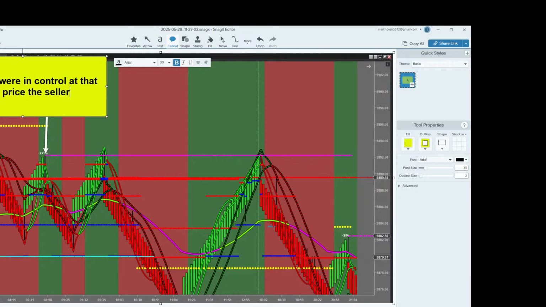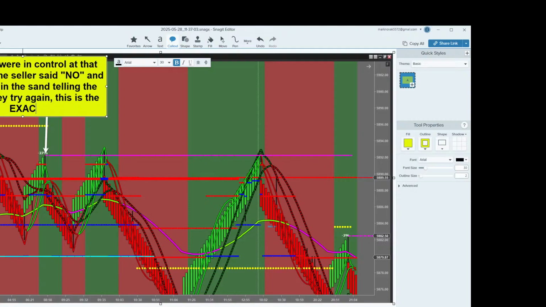The sellers said no and drew a line in the sand, telling the buyers if they try again, this is the exact price we'll shut you down. Does that make sense?